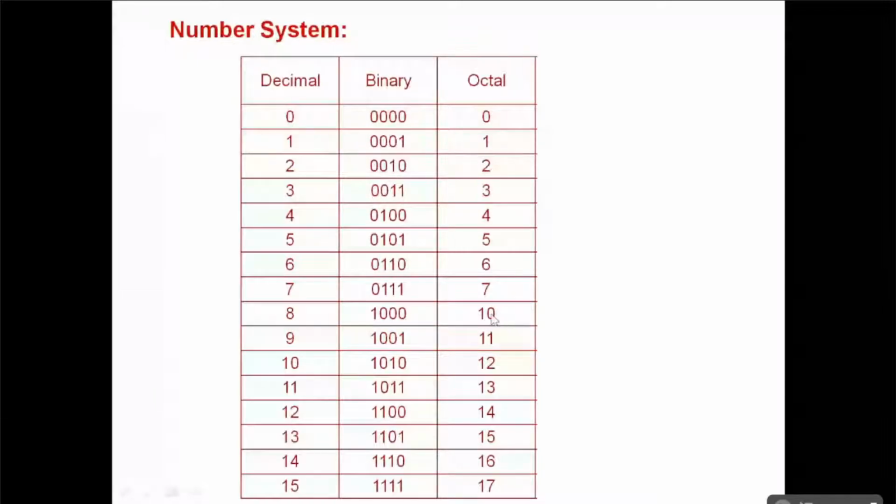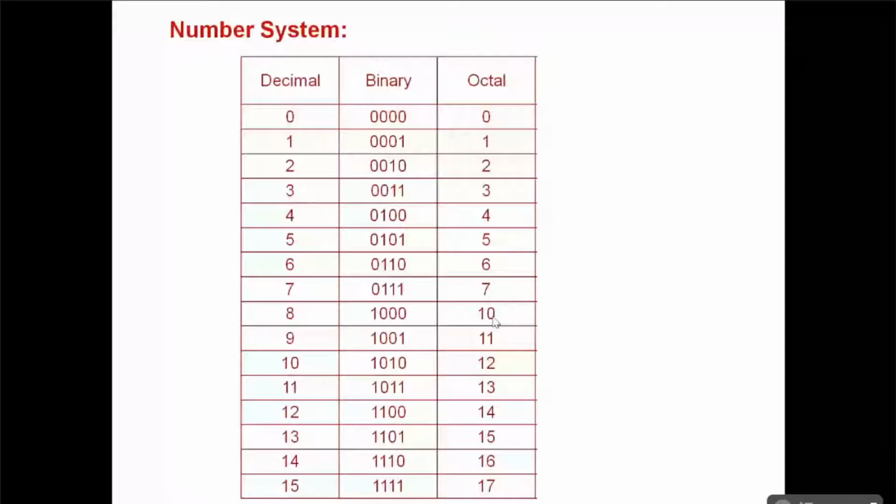Here the place values are 8 power 0, 8 power 1. 8 power 0 value is 1, anything power 0 is 1, so 0 into 1 is 0. Then 8 power 1 is 8. So 8 plus 0 is 8. So in order to represent 8, we use 1, 0 in the octal number system. Similar to this, we can represent any number by using 0 to 7.